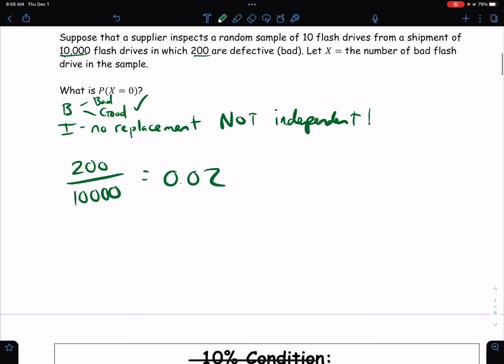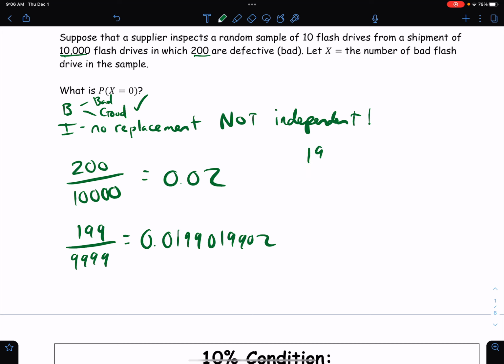So we now have 199 defective flash drives, and we don't have 10,000 flash drives anymore. We have 9,999 flash drives. And when you divide that, we get 0.0199019902. And let's say we pick a third one. We have 198 out of now 9,998.